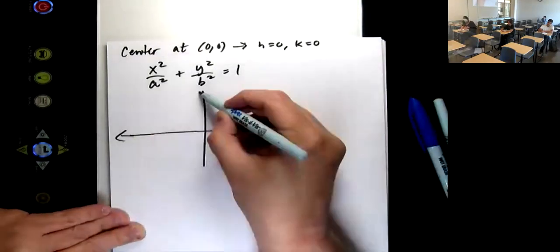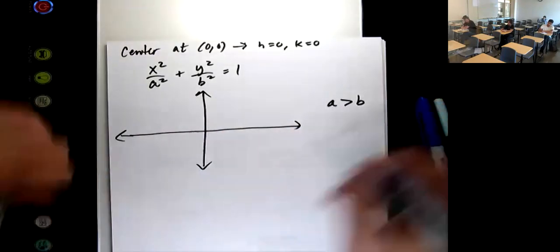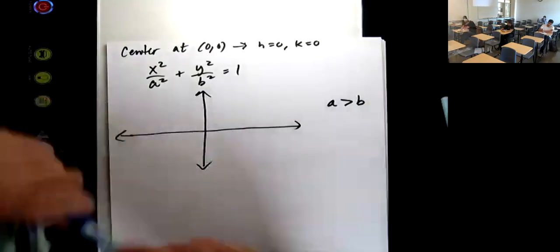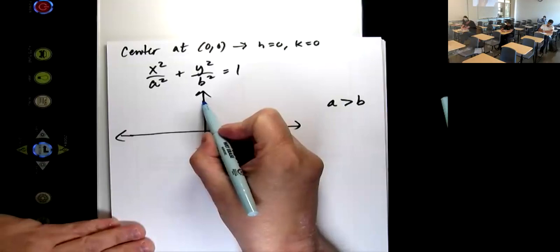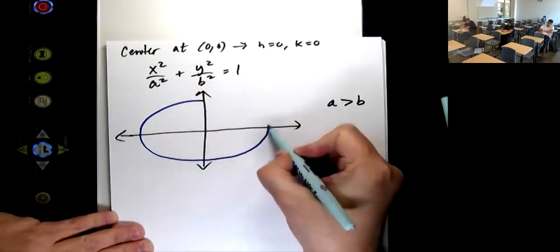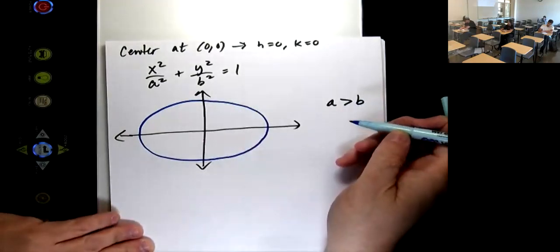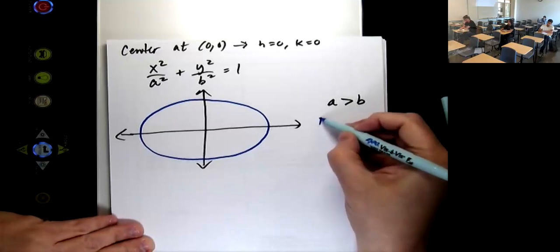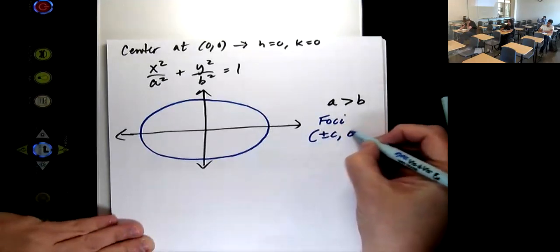And if I have a squared, where a is greater than b, I have a flat ellipse because a is larger, so the major axis is along a. And the foci for this one are located at plus or minus c, comma 0.